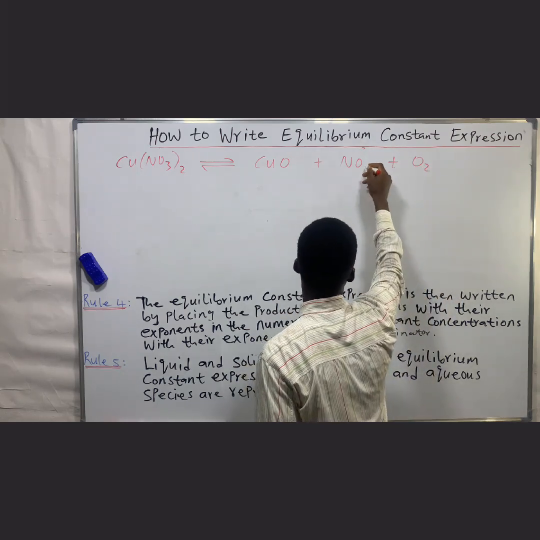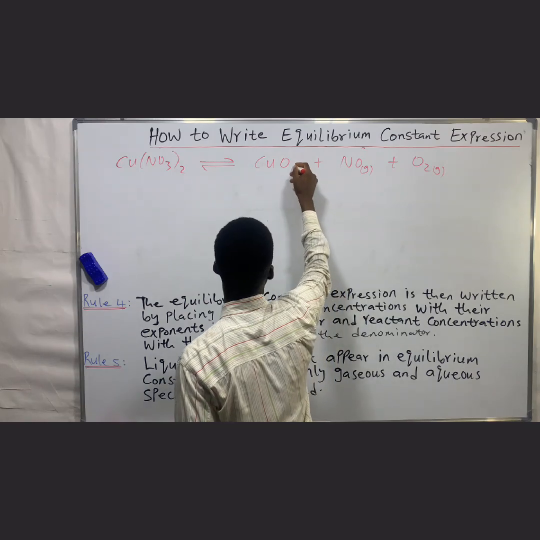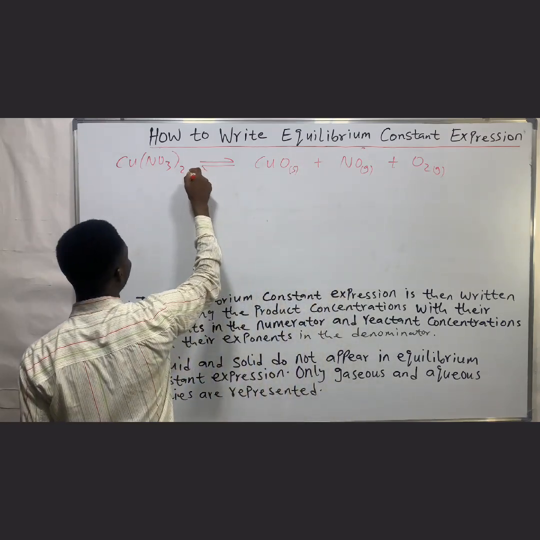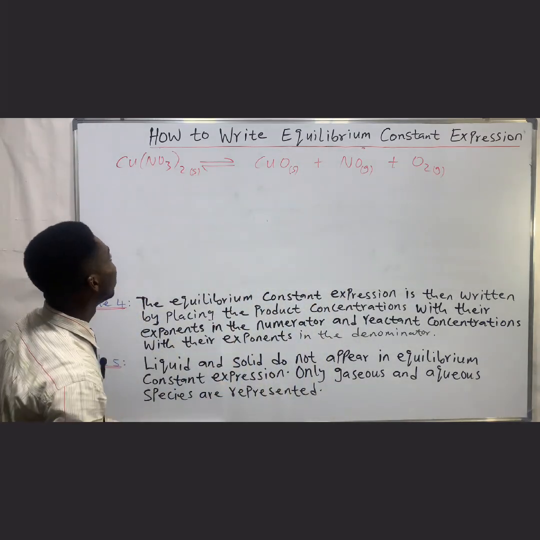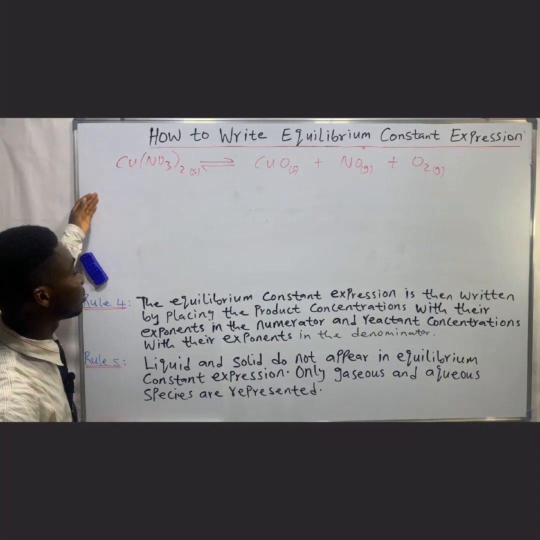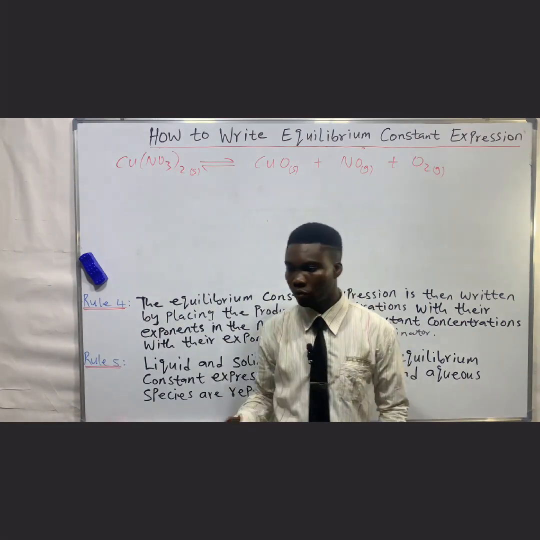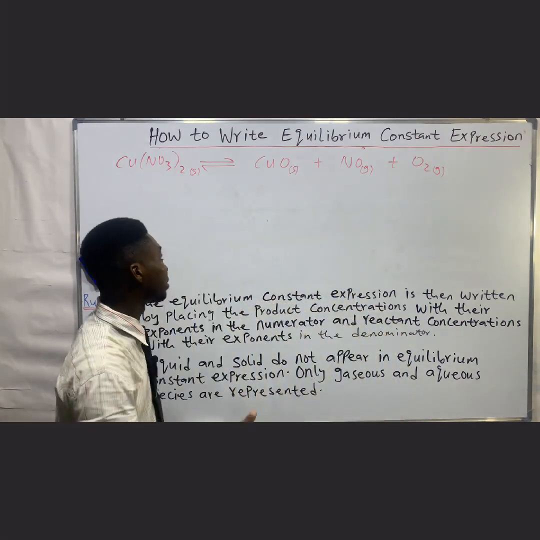This one is solid, and this is solid. Now we're asked to write the equilibrium constant expression for this reaction. So how will you write the equilibrium constant expression for this reaction?